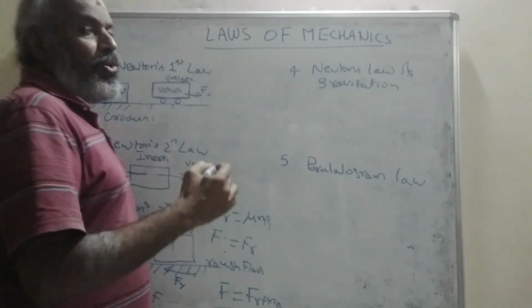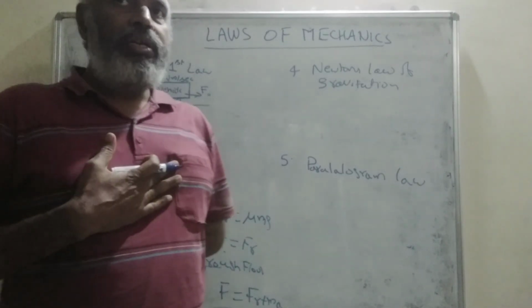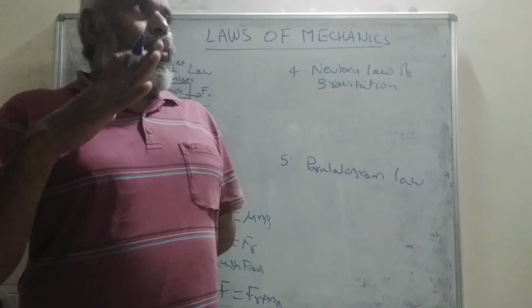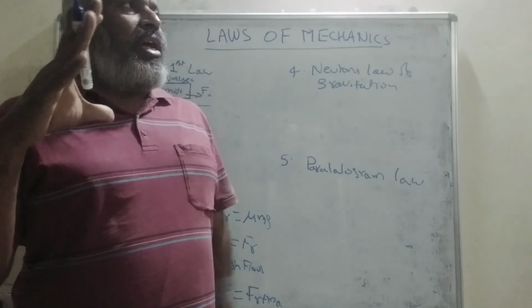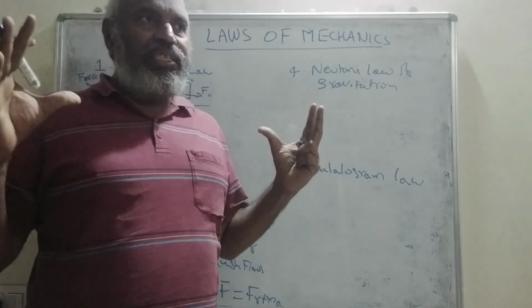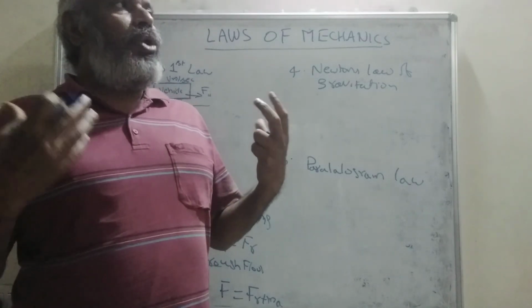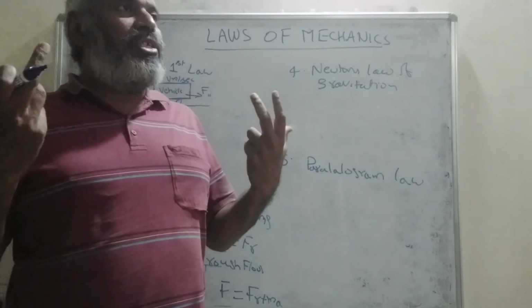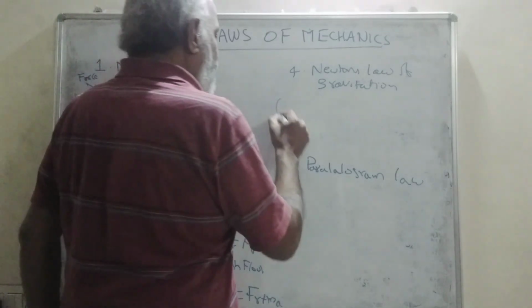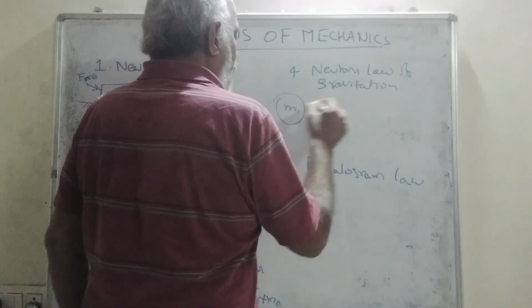And about Newton's law of gravitation. Any two objects in space will have some attractional force. So Newton started calculating how much force of attraction they have. So this is a mass m1 and this is a mass m2.